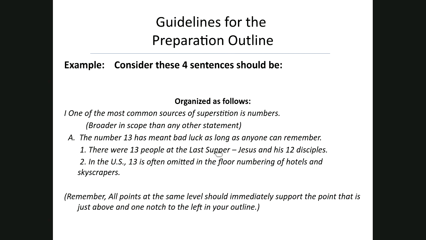So as you see, one and two, these two sentences support this subpoint. But if you wanted to break this down further, you'd have to indent and have a small letter a. Remember, all points at the same level should immediately support the point that is just above and one notch to the left in your outline. That's what I was explaining there.